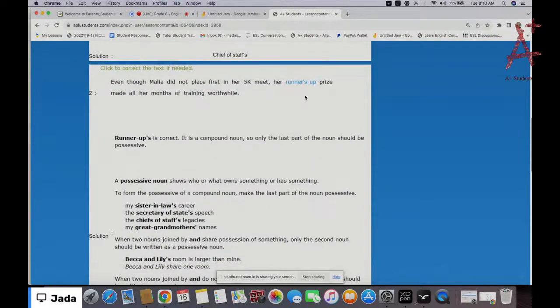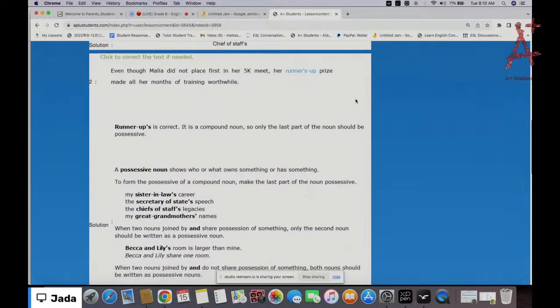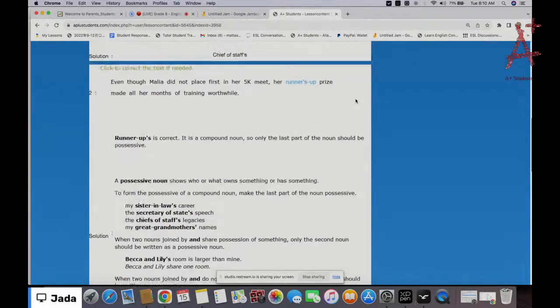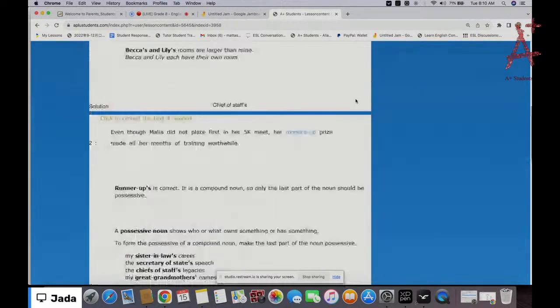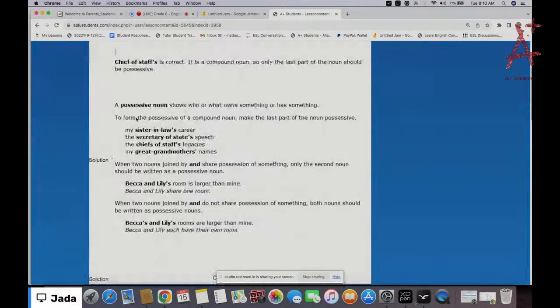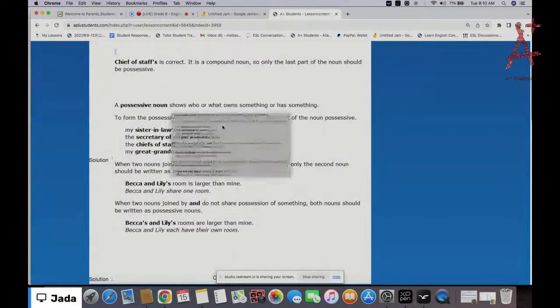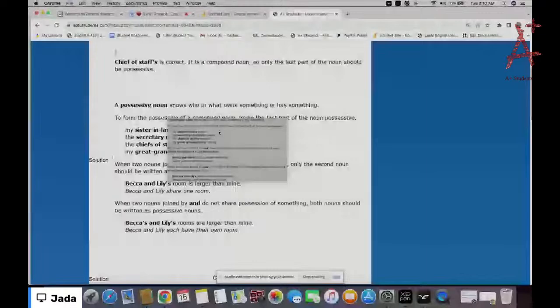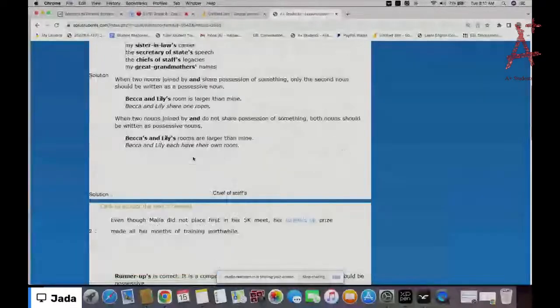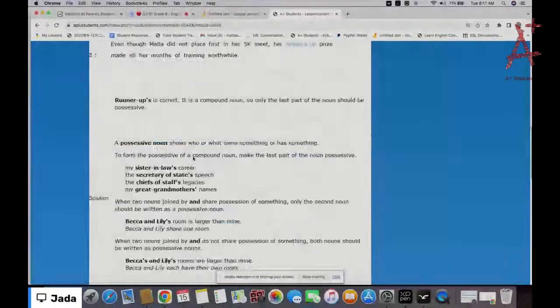And then you see that it says runners up. But it is incorrect if you put the runners up, because it says that since it's like a possession, you should put it at the end. That's what we read here. To form a possessive of a compound noun, to show that it's someone that owns something, you need to change that.